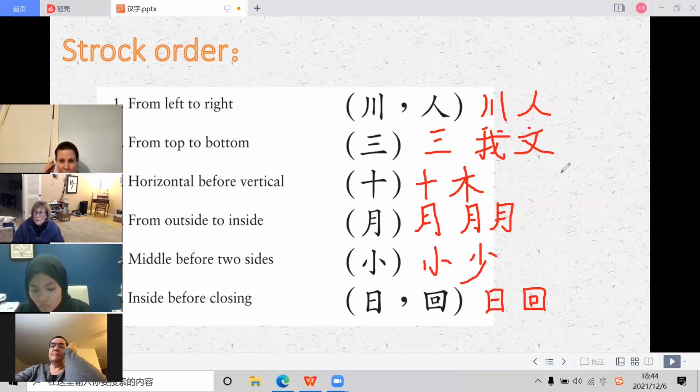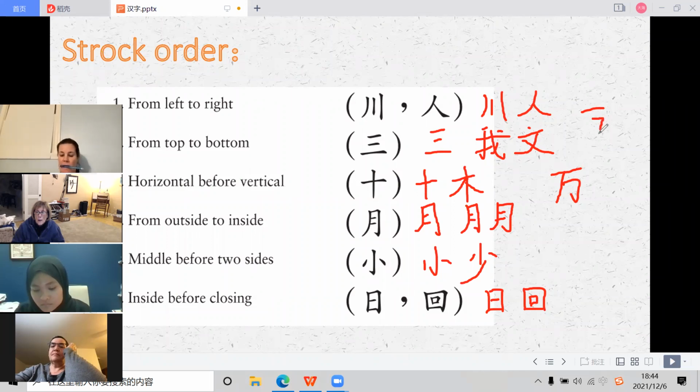For example, this is 万. It means 10,000. And how it's written: the first stroke is from top to bottom, but the next is not from left to right.